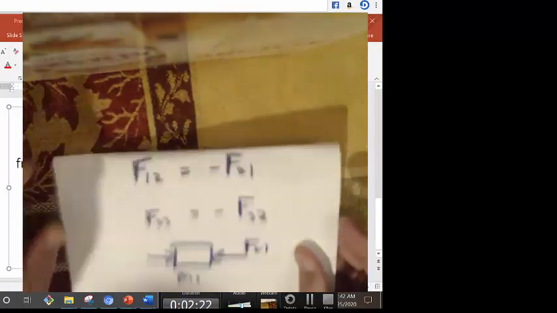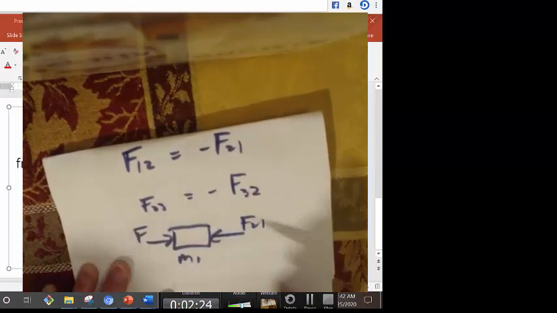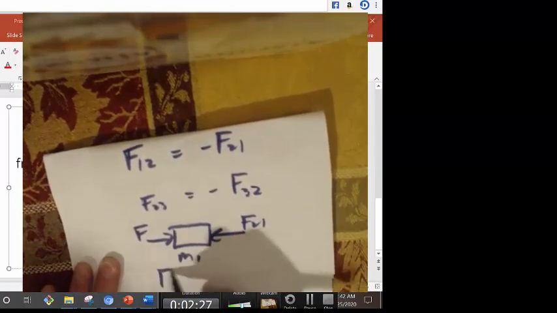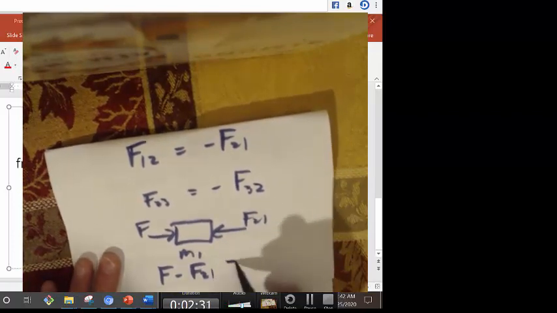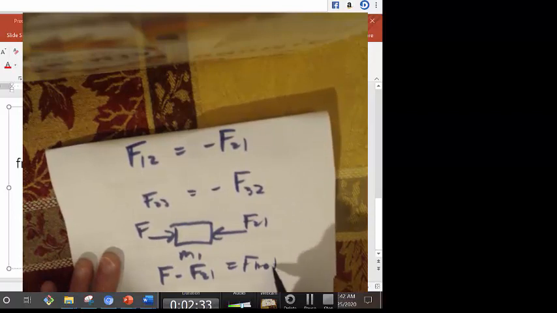And so the net force acting on block M1 is going to be F minus F21. That's the net force acting on block 1.